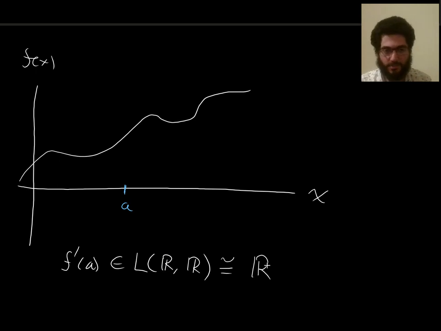And that's the number that we say it corresponds to. So when is a linear map from R to R invertible? Well, when it's scaling by something non-zero, because then you can undo that, right? You can divide. If you're multiplying by a non-zero thing, you can undo that by dividing by that thing. So to say that f prime of a is invertible is basically to say that the slope is non-zero.